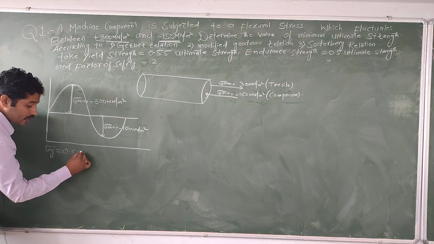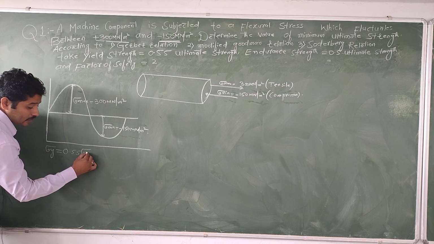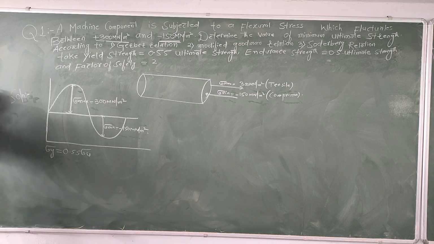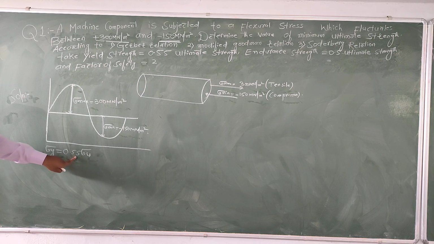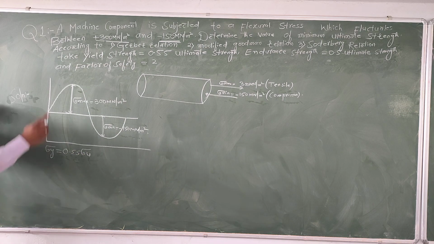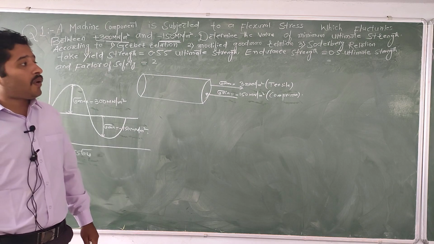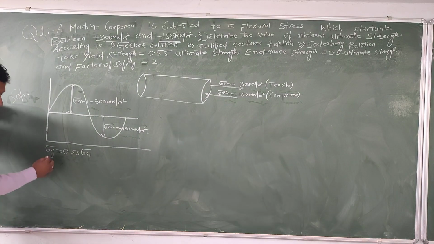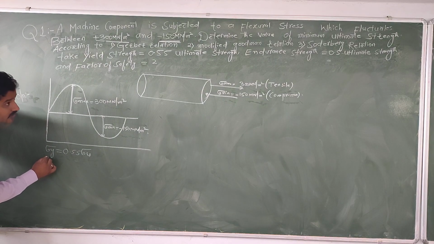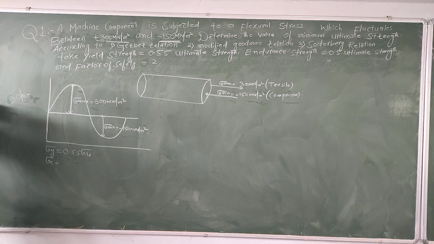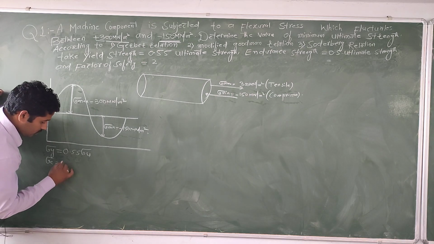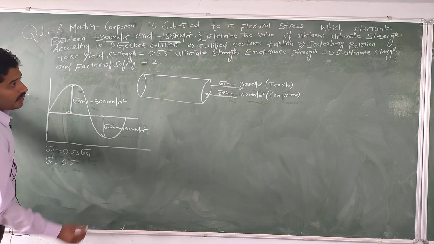Then we can represent the endurance strength sigma e equal to 0.5 ultimate strength.